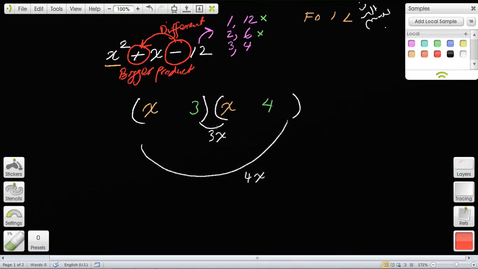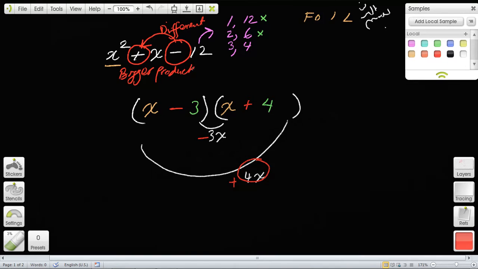In this case, the bigger product is this one over here. So you have to make this a plus, and that's a minus. This is negative 3x, and this is positive 4x. If you add them together, you get a positive x. So that's the process of factoring trinomials like this.